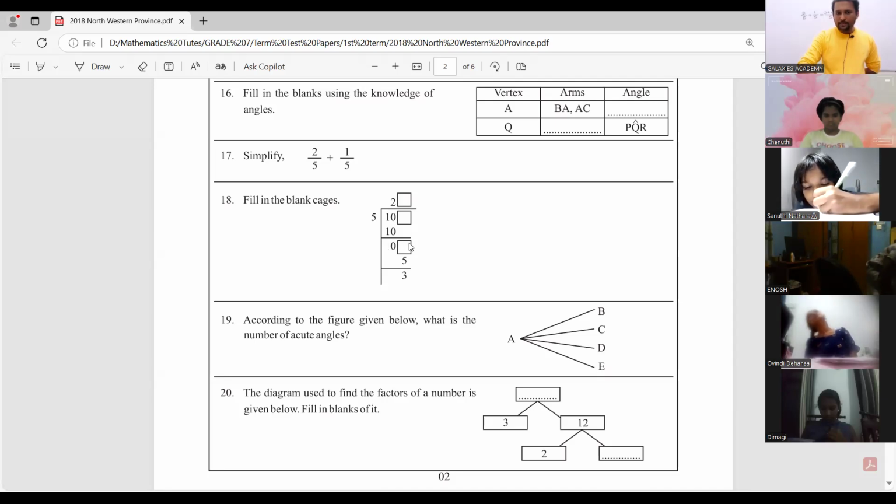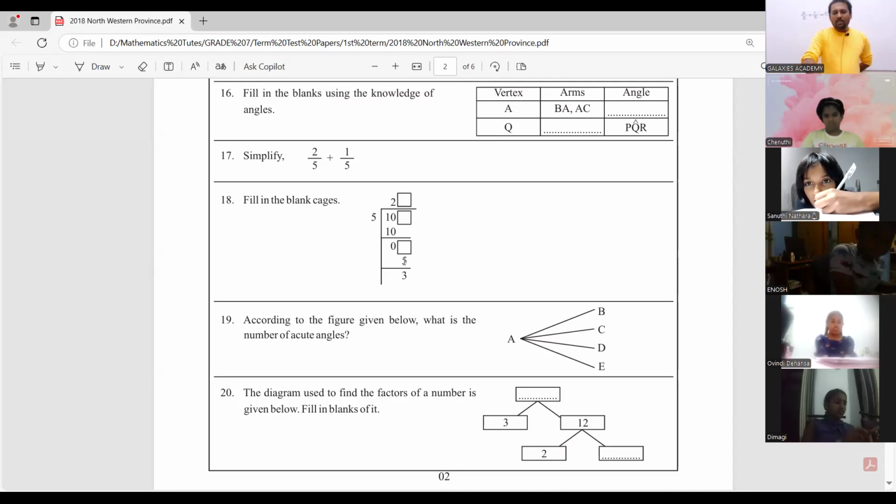Then here, which value is suitable? 8. You can see 5 here, no? So this value minus 5 is 3. So this one should be 8. This digit should be 8.